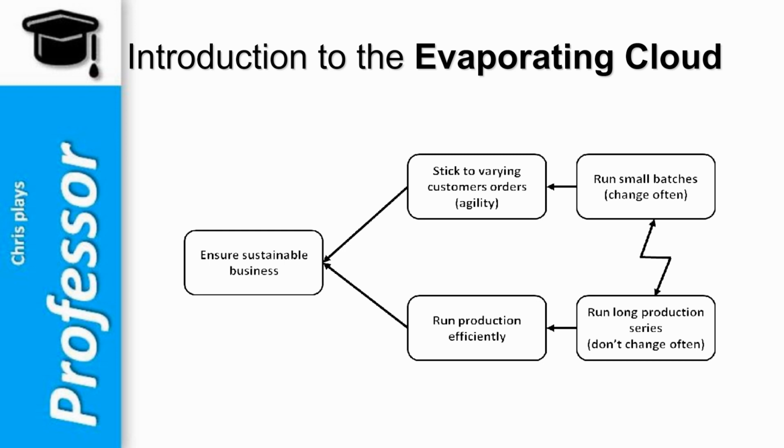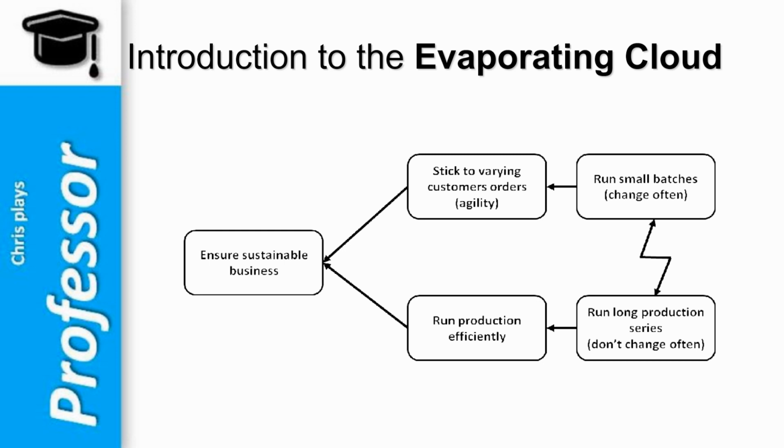We see that the two branches are necessary for achieving the common goal, which is to ensure a sustainable business. Of course, production cannot do both, which means manufacture in small batches and change frequently, and at the same time run long series and not change frequently.